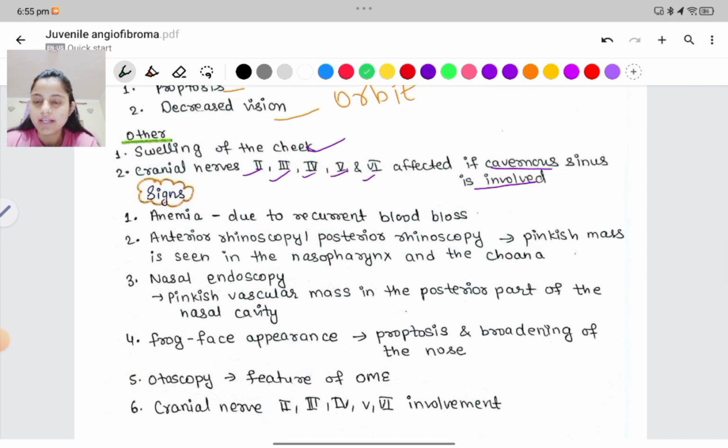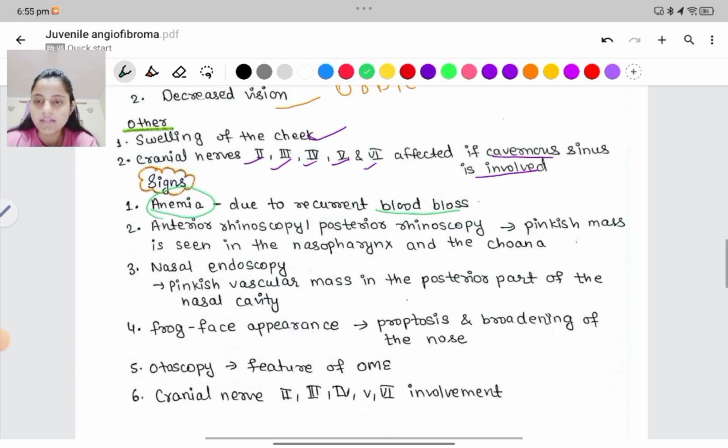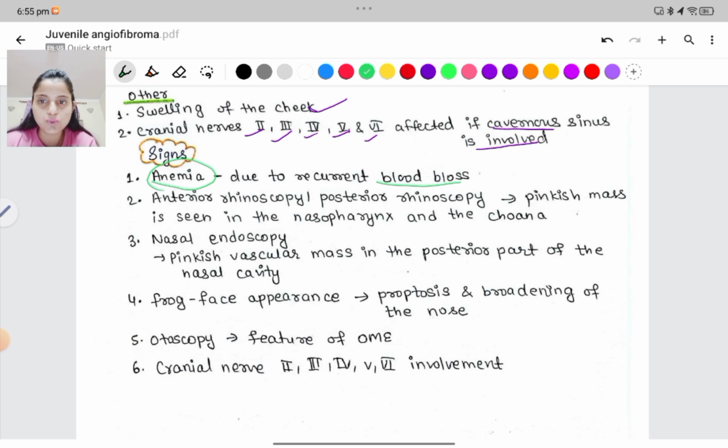Signs. As there is recurrent profuse epistaxis, anemia can be present due to recurrent blood loss. On anterior and posterior rhinoscopy, the tumor is seen as a pinkish mass in the nasopharynx and in the choana. If the lesion is large, this pinkish mass can also be seen in the posterior part of the nasal cavity. On nasal endoscopy, a pinkish vascular mass is seen in the posterior part of the nasal cavity.